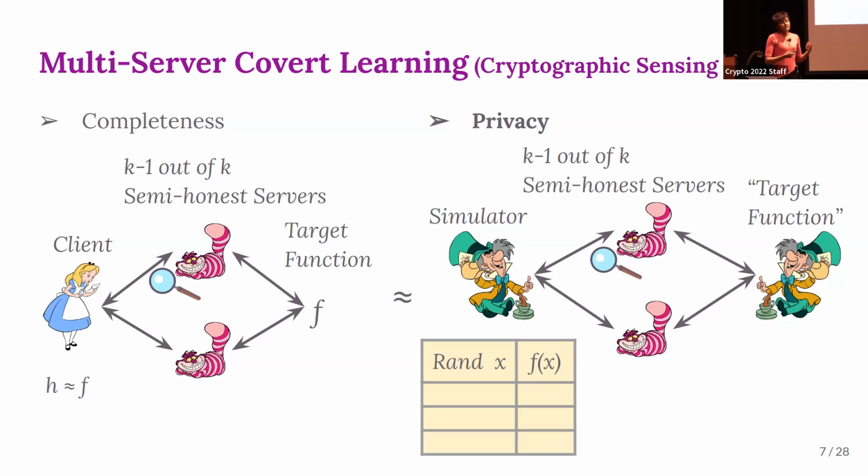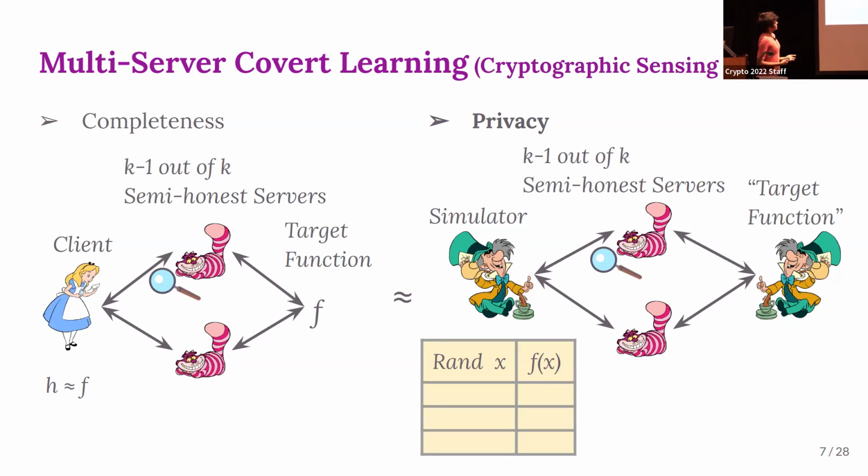Once again, there needs to exist a simulator which interacts with the k-1 out of k semi-honest adversaries and generates a transcript indistinguishable from the client's transcript.